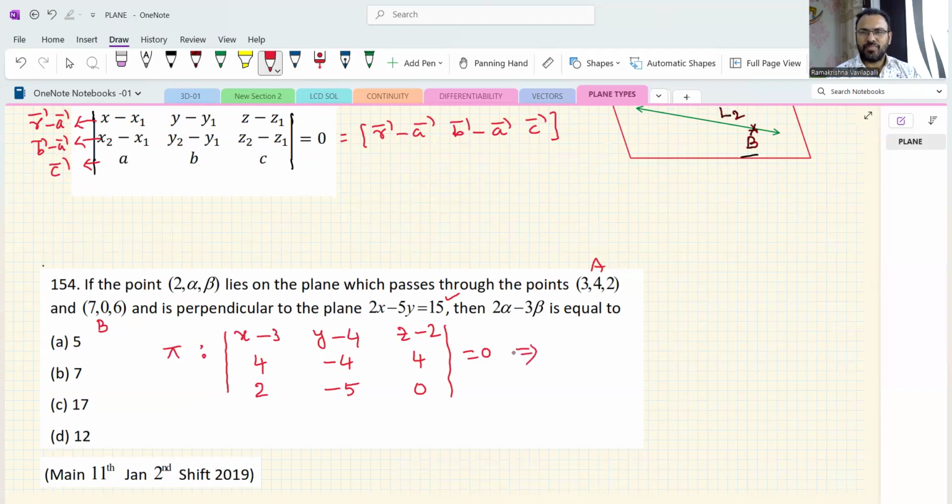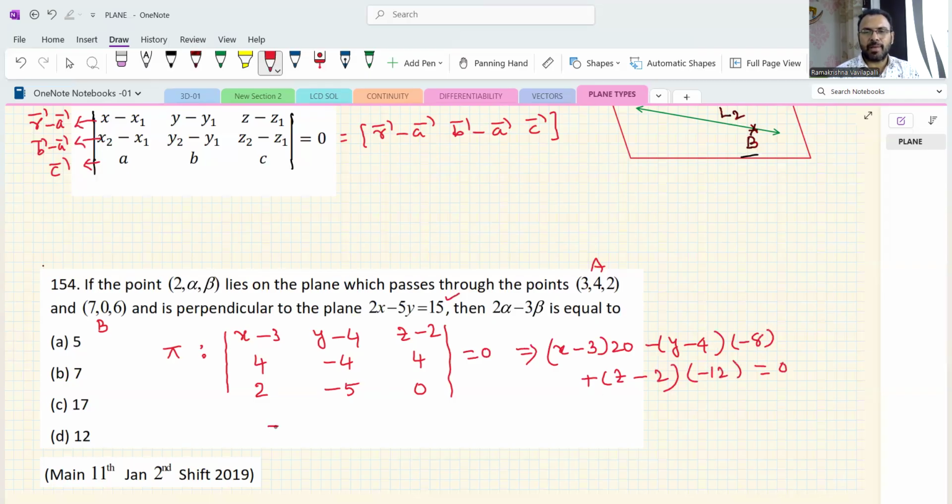We'll expand it now. (x minus 3) into 20, minus (y minus 4) into (0 minus 8), plus (z minus 2) into (minus 20 plus 8 minus 12) equal to 0. You can cancel by 4.